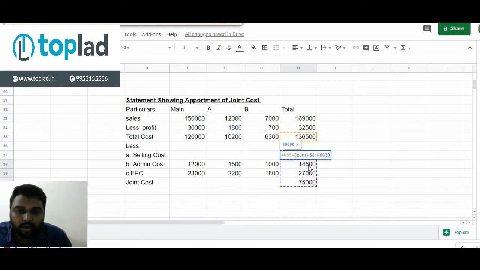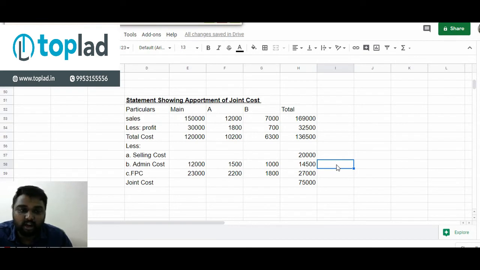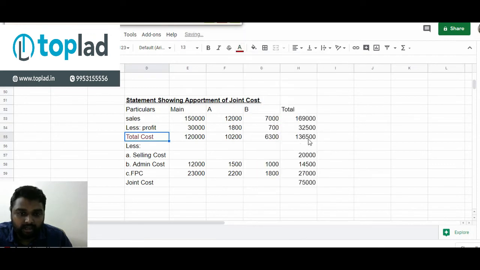So admin expense will be 20,000. That means 1 lakh and 36,500 is the total cost.